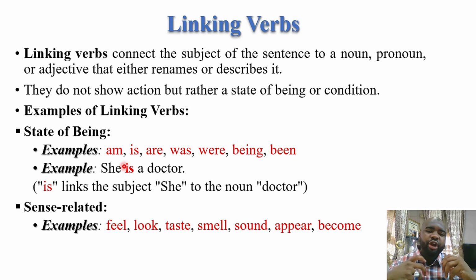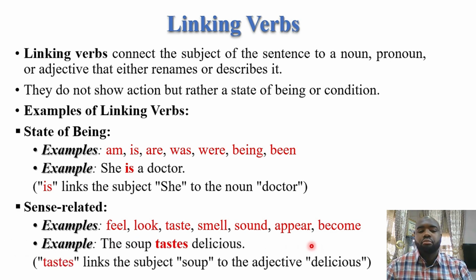We also have another set of examples, sense related. For example, we have feel, look, taste, smell, sound, appear, become. The soup tastes delicious. Now, taste here only links soup with what?